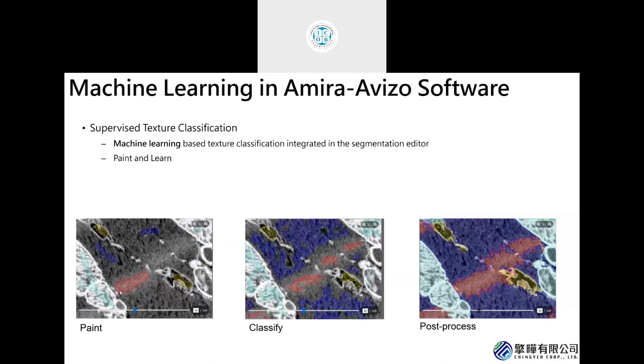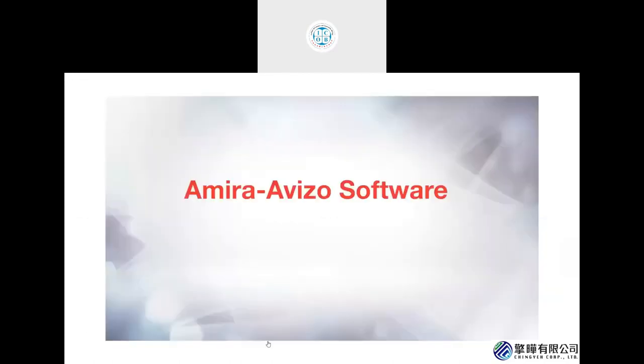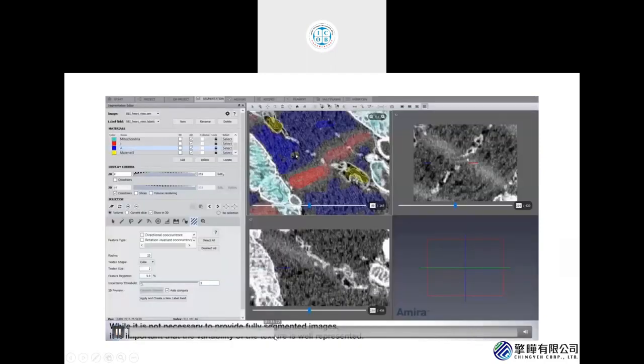With some brush strokes like this, it will extend to figure out if there are similar patterns and complete the segmentation. So this was the real process to use these tools.